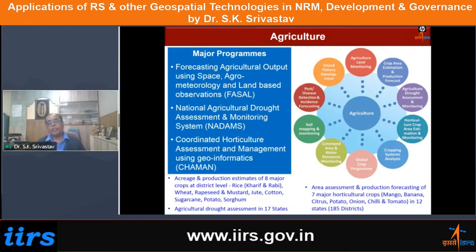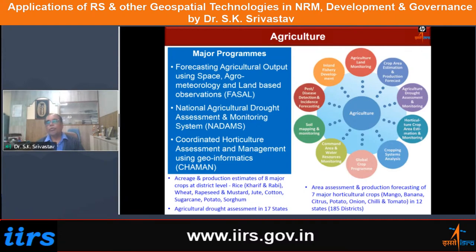But there are certain operational applications which are currently going on in our country, and this operational work is being carried out not by ISRO, but by the Ministry of Agriculture of the government. There is a center in the Ministry of Agriculture known as the National Crop Forecast Center.